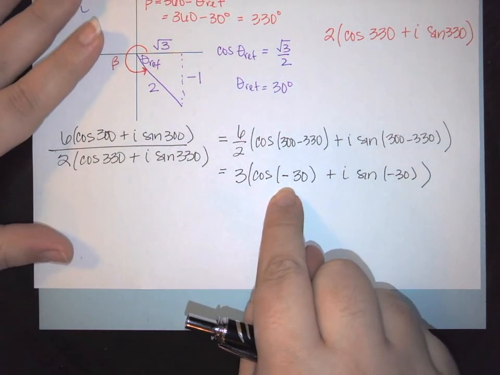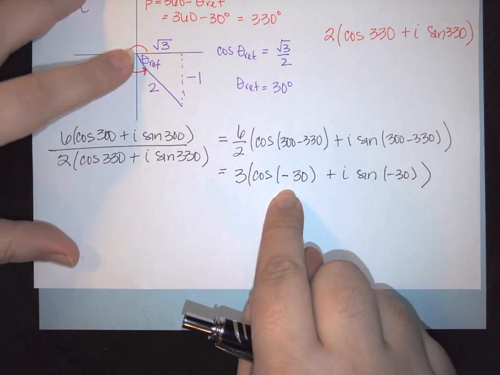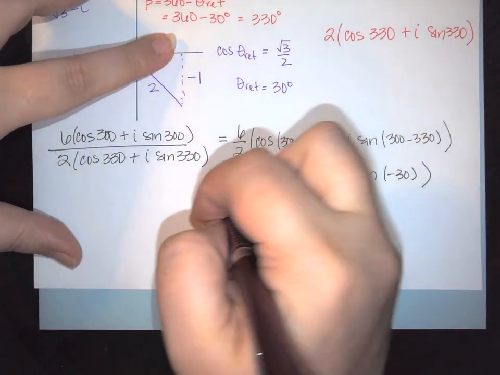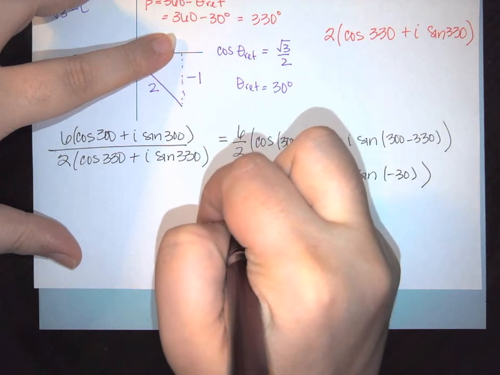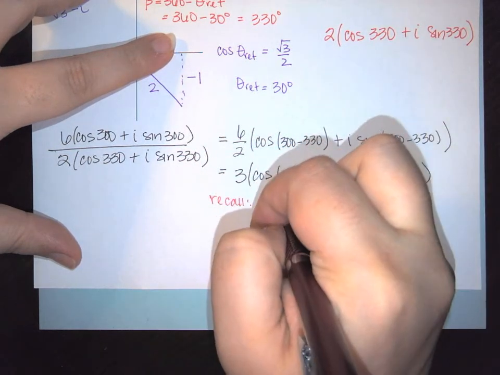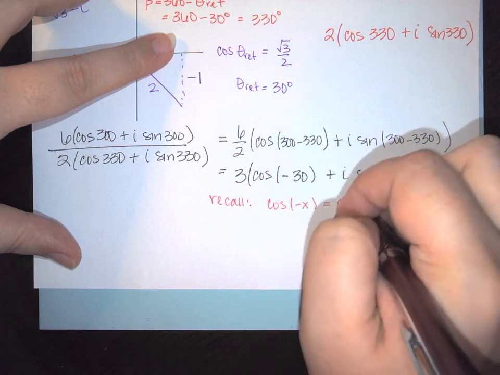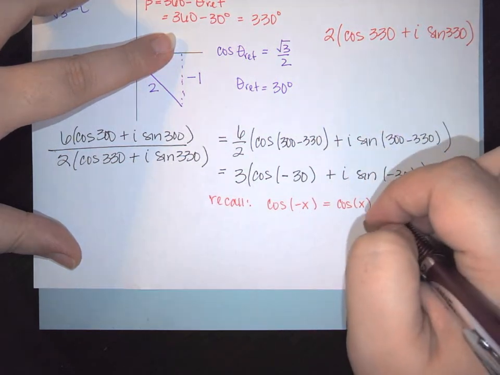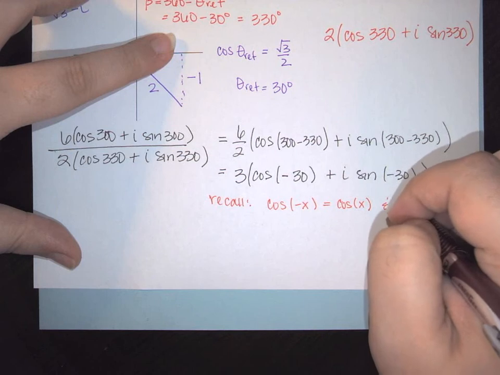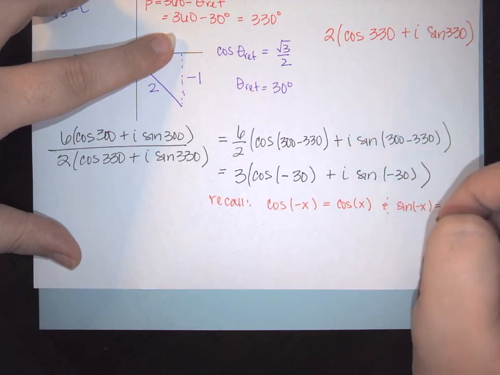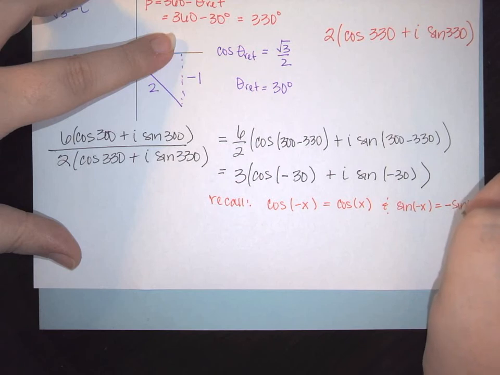One of the things we need to recall is that the cosine of a negative value is the same as the cosine of the positive, and the sine of a negative is equal to negative sine of the positive.